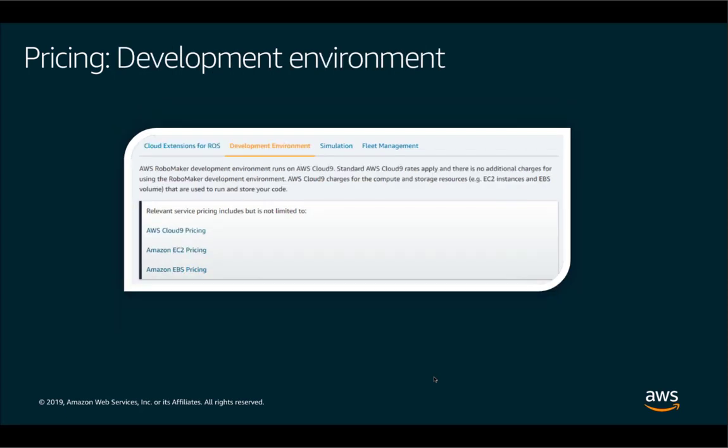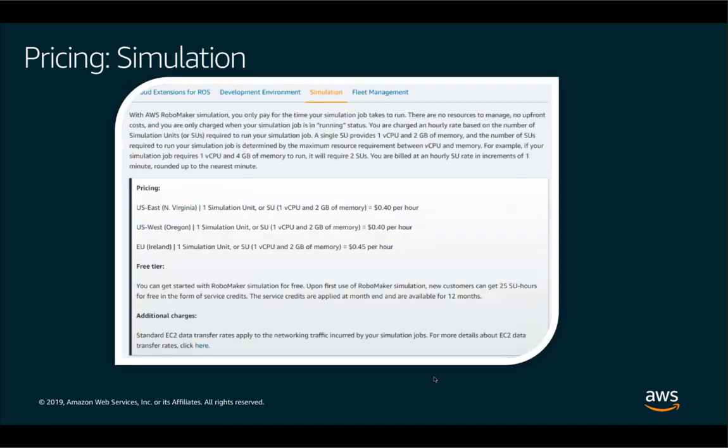Now, so for the most part, such as Cloud9 and the cloud extension, they're all free, but the simulation is a little bit different. The simulation is the only place that you actually have to pay when you run a simulation in AWS RoboMaker, and the pricing is broken down into simulation units.